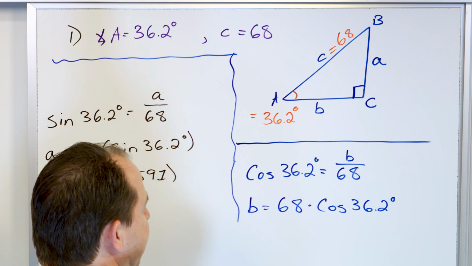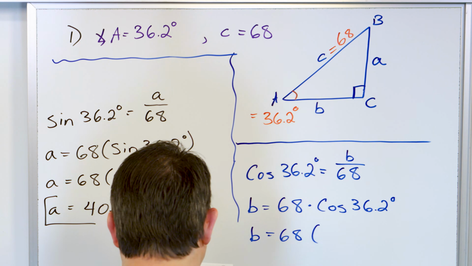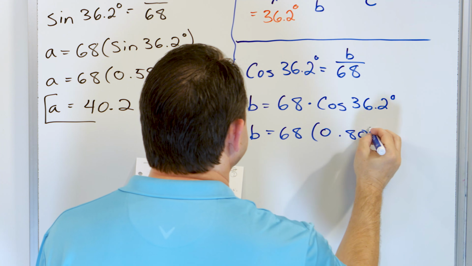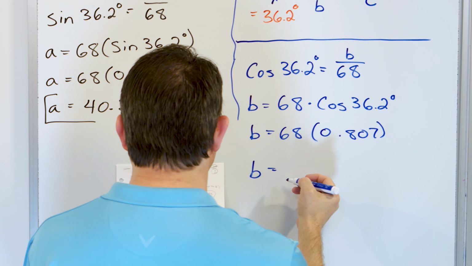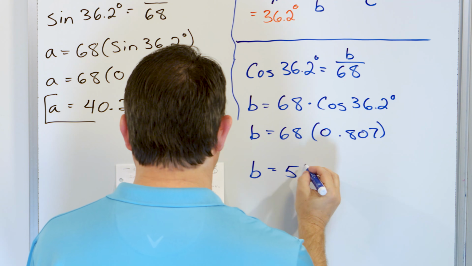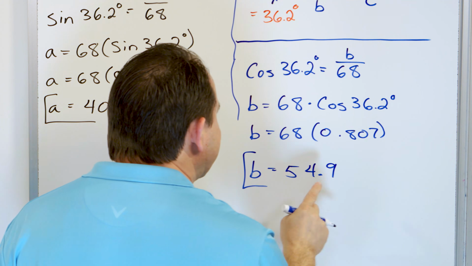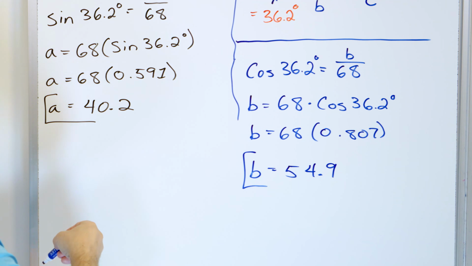Just multiply both sides by 68. And then what you get here is 68 times cosine 36.2, which is 0.807, of course rounding. And when you take 68 times 0.807, you would get 54.9. And again, if it was in meters, then this would be 54.9 meters. If it was in centimeters, it would be in centimeters.